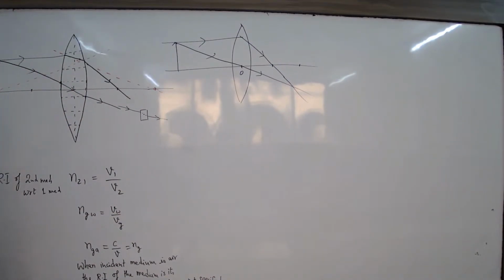So why does no deviation take place when the ray passes through the principal axis in the mirror? Why does no deviation take place when the ray passes through the mirror?